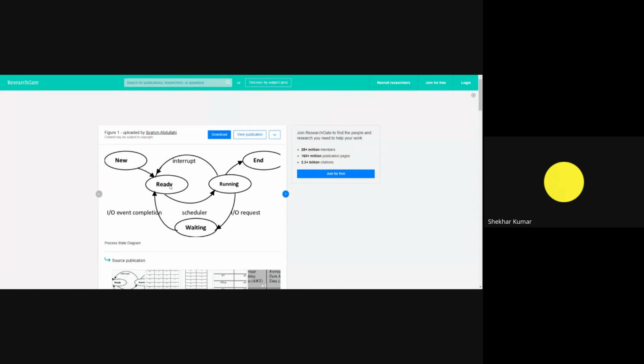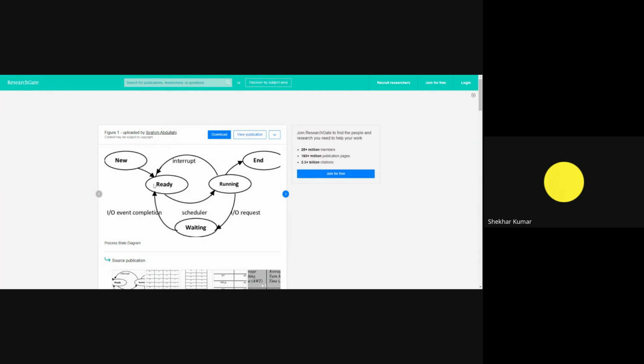In the ready state, there may be a number of processes which are waiting for execution. So in the ready state, a queue is maintained, that is called your ready queue. And in the ready queue, we use different algorithms for allotting the CPU to a current instruction or process.